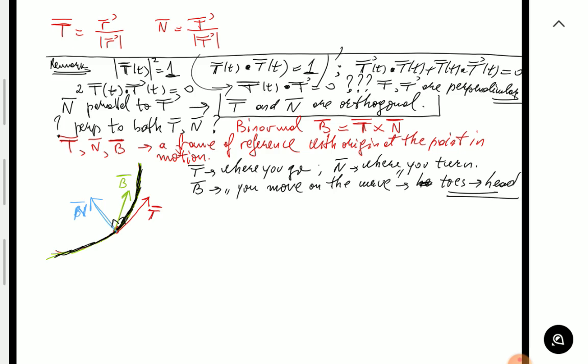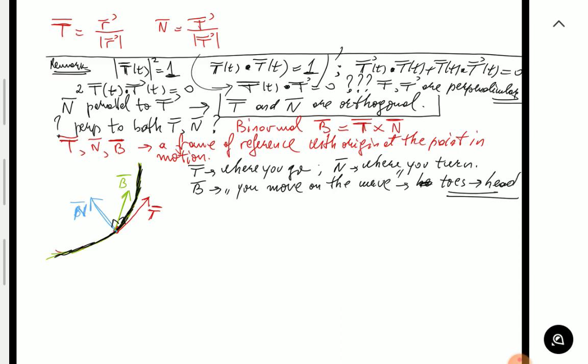In other words, the direction of B is always keeping track of the original up, if you want. So you walk on the curve, depending on how N changes. For example, you may have a twist. If you turn in such a way that you have a twist on the curve, then B keeps track of the direction of a straight line from toes to head.